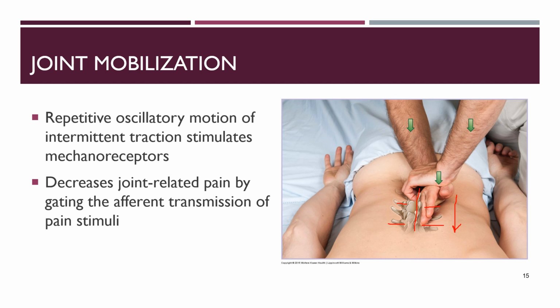We're going to use mechanical traction to help mobilize those joints. So if somebody has hypomobility, right, they are limited with flexion, those facet joints aren't sliding as well as they should, then we can use something like mechanical traction to help mobilize the joints, get more range of motion, decrease pain all at the same time.